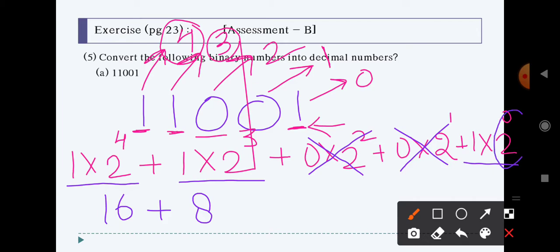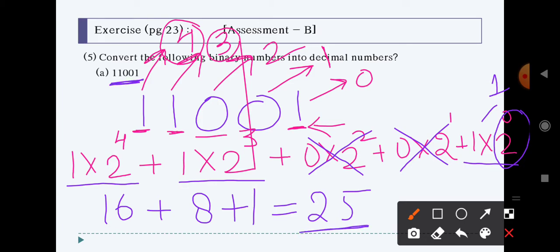Anything with power 0 is going to give you the value one. So 1 into 1, you will be getting 1. Now if you add all these quantities, you will be getting 25. So that is how you can say that this binary number is equivalent to 25 in decimal. Okay, this is how we do the conversion from a binary number into a decimal number.